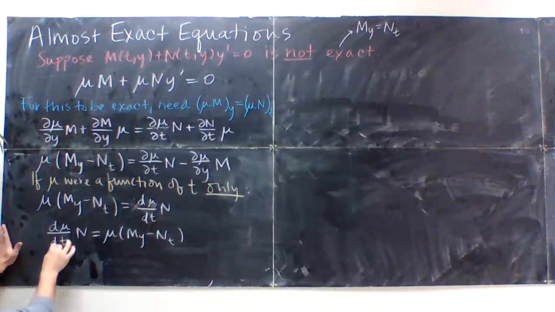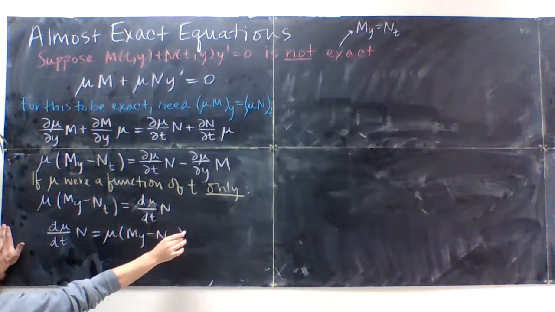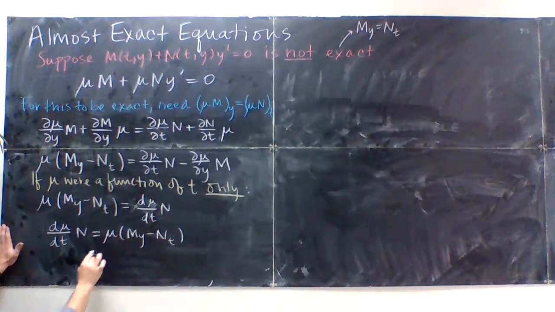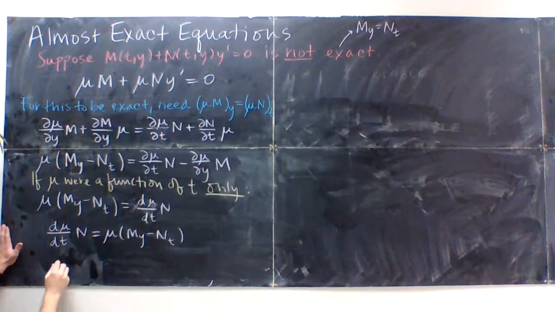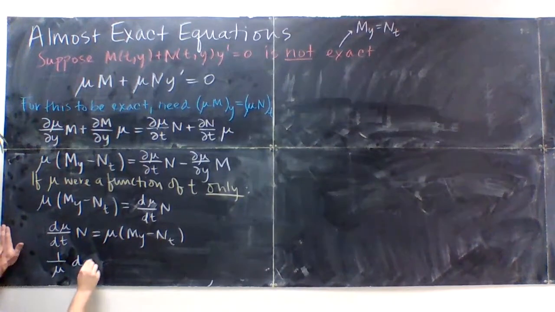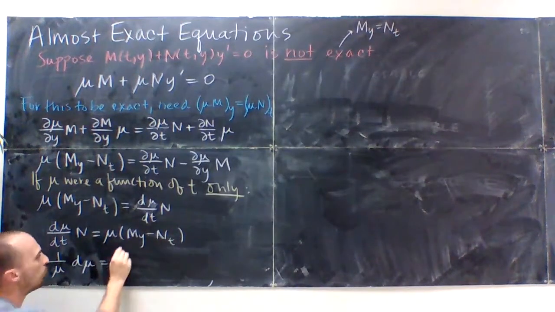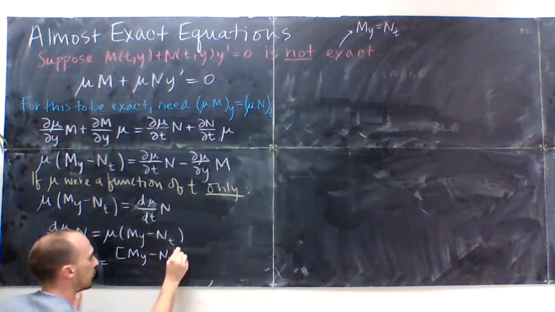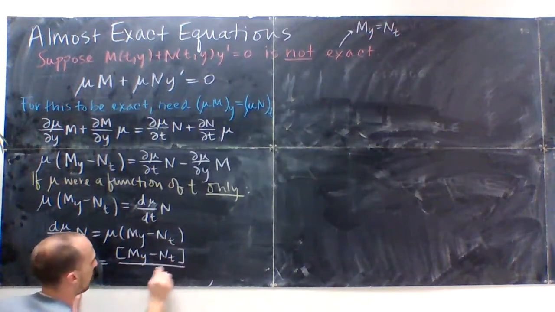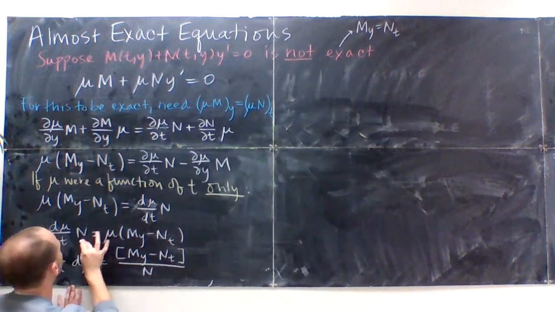But if I was to multiply both sides by dt and divide both sides by mu, and I guess I'm going to need to divide n out of there also, I'll have 1 over mu d mu equaling my minus nt divided by n dt.